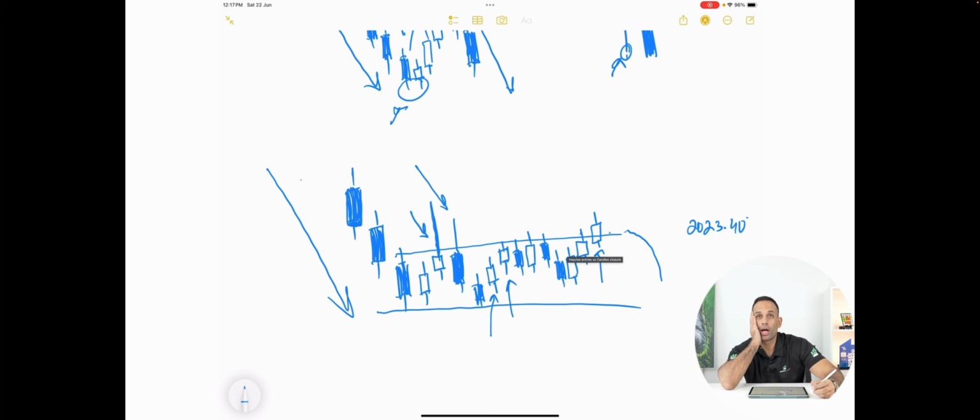Now, someone can argue, well, we have wick rejections to the left-hand side, so this means the next candle can reject in this area and go down. But let me break it down for you. The reason why we are waiting for a candle to break and close above 2023.40 is that as this candle is open, we don't know whether this candle will reject like this wick or this wick.